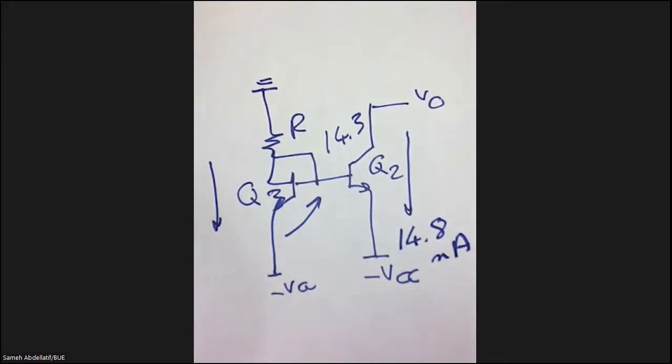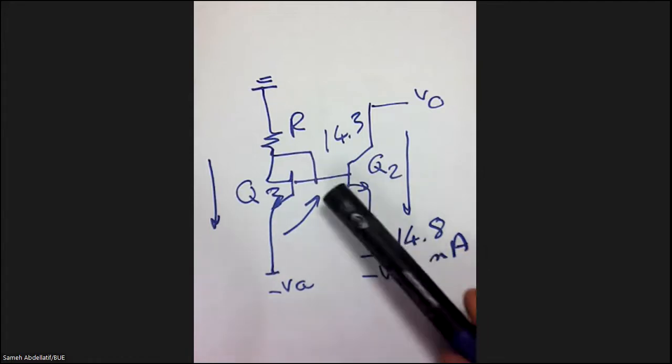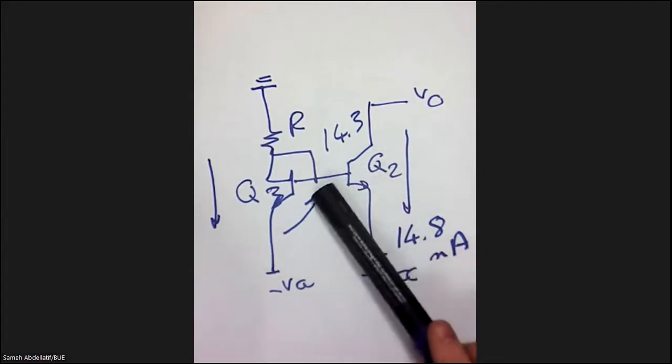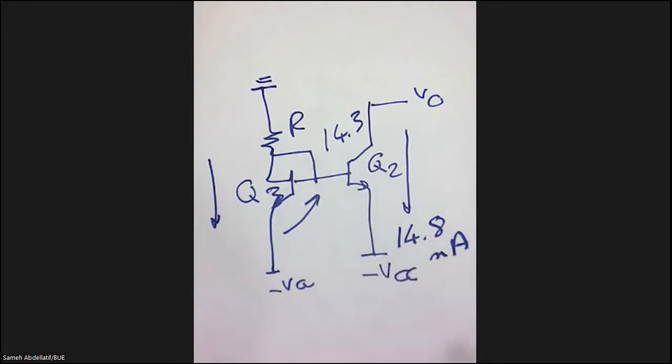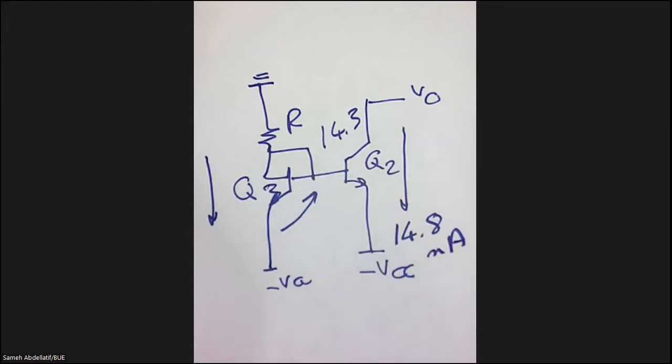Okay, very simply speaking, as you can see, we consider these two transistors, Q2 and Q3, what we call matched transistors. Why do we consider them matched? Both have the same base, the base is common, connected together. Both have the same emitter voltage, negative VCC, and both are working in the active region.